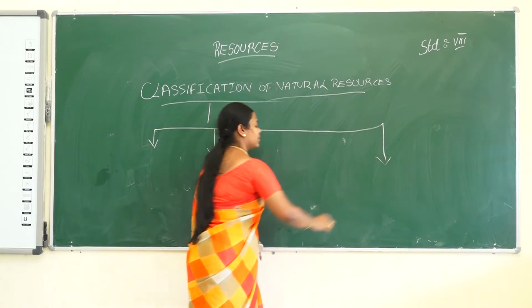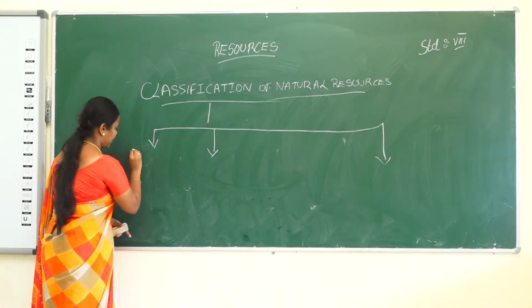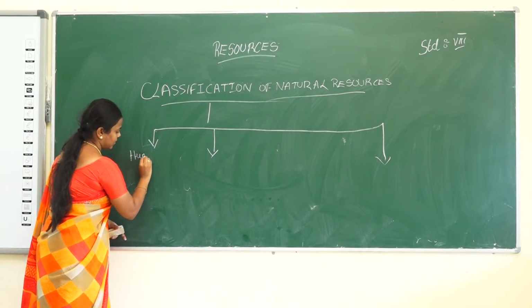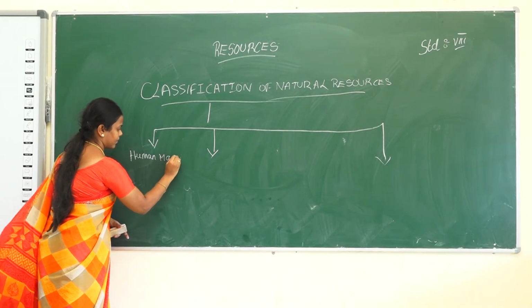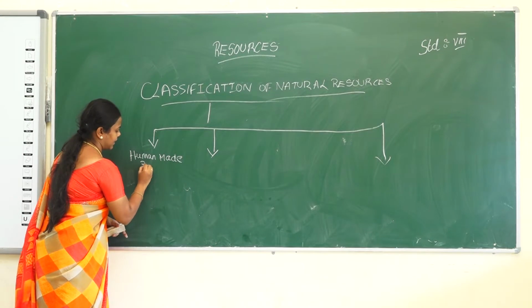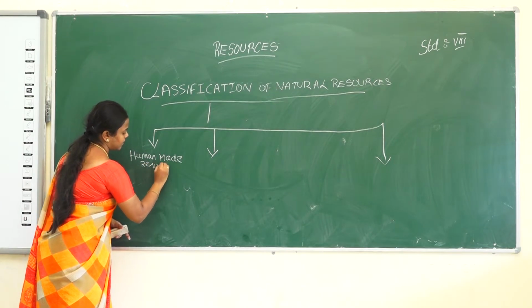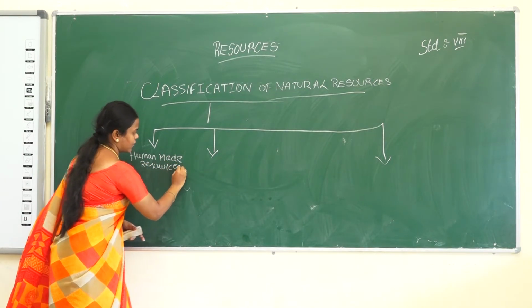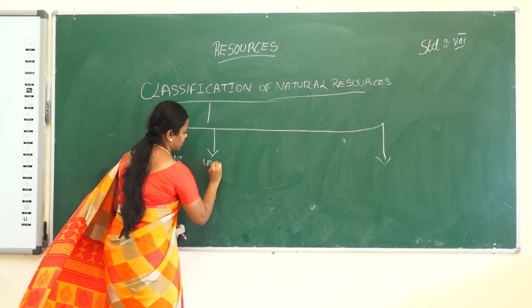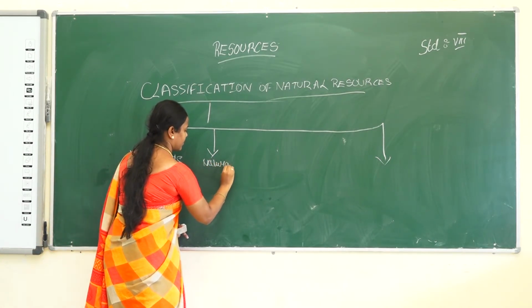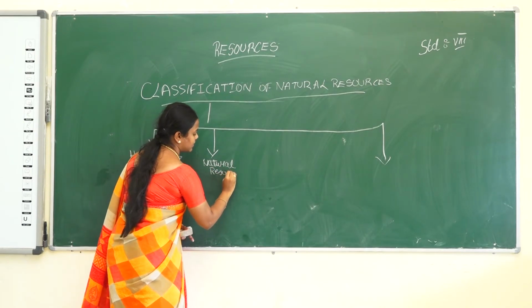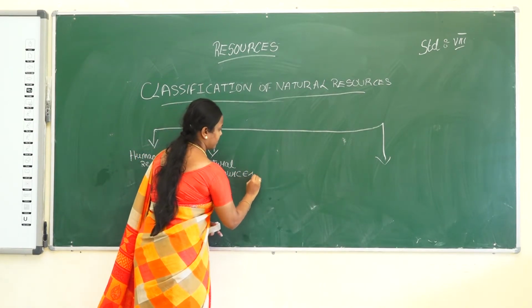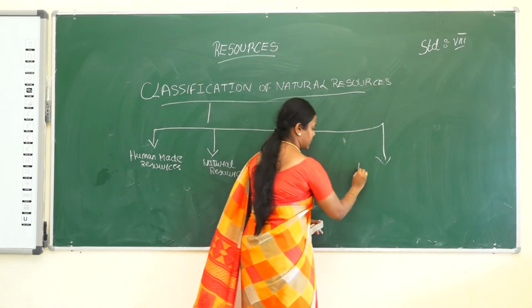One is human made resources, another one is natural resources, and the third one is human resources.